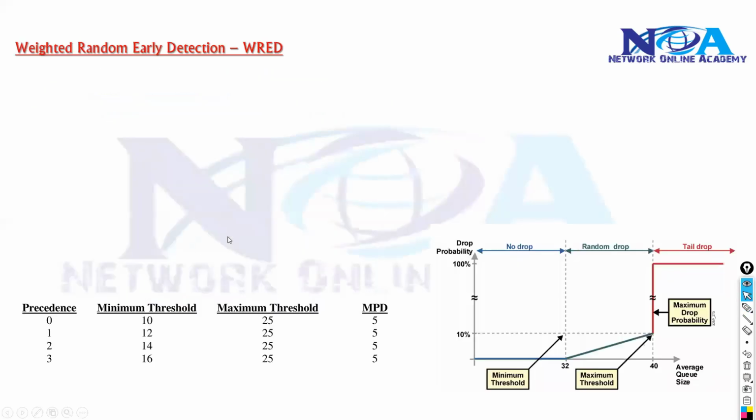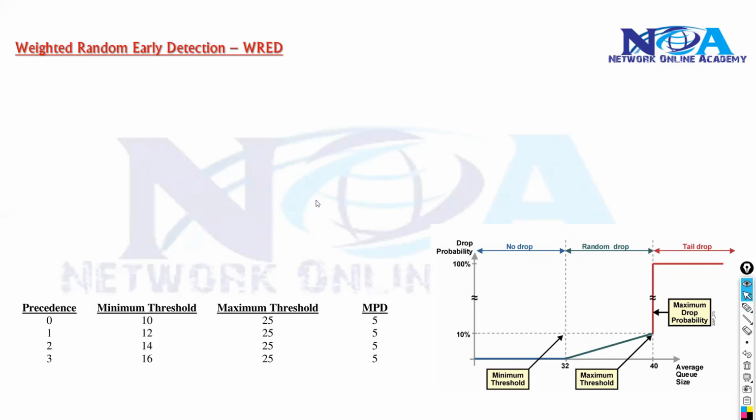That's what weighted random early detection will do. In weighted random early detection, we need to understand 3 values. We configure the minimum threshold value, the maximum threshold value, and something called the mark probability denominator.